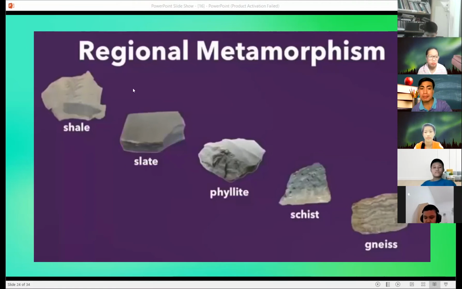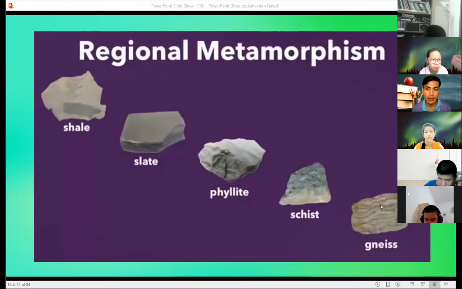And slate can become a pyrite as well. And this pyrite can become a schist. And the schist will become gneiss. And what will happen if to the gneiss we add extra heat and pressure? The gneiss will not become a metamorphic rock anymore. It will become magma.